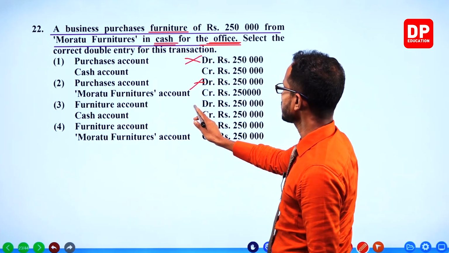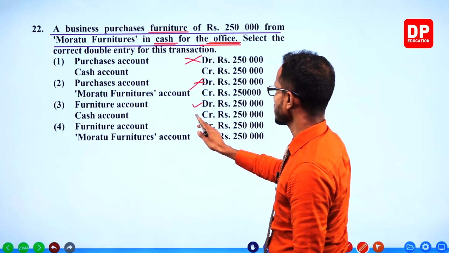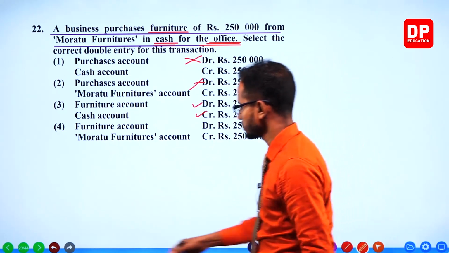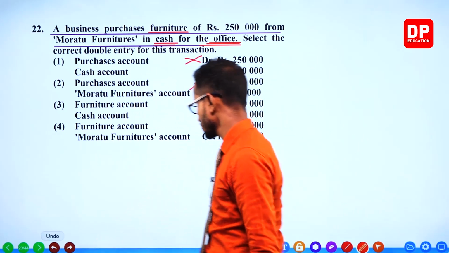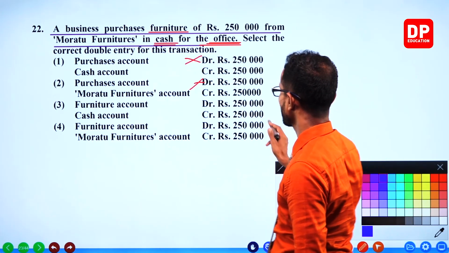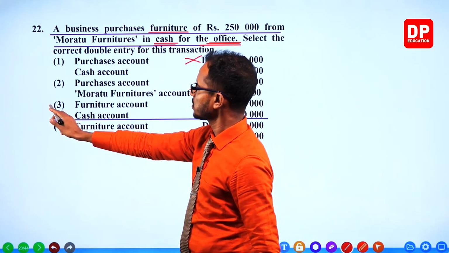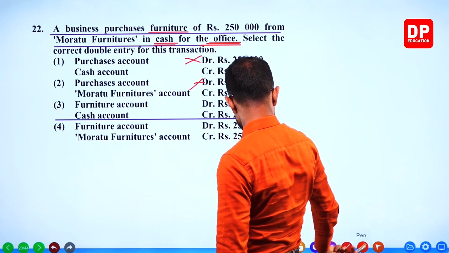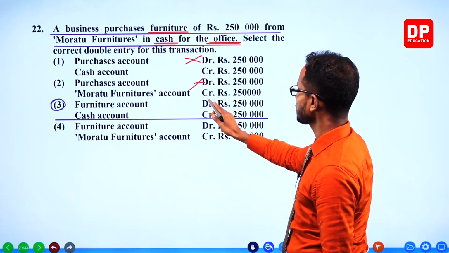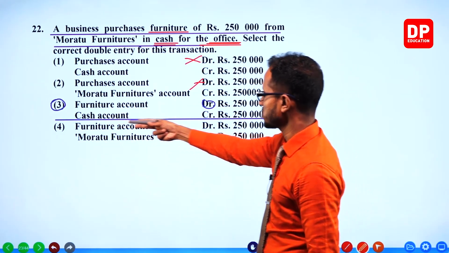Furniture account debit, correct. Cash account credit, correct. There we go. That is the answer. Furniture account debit, cash account credit.